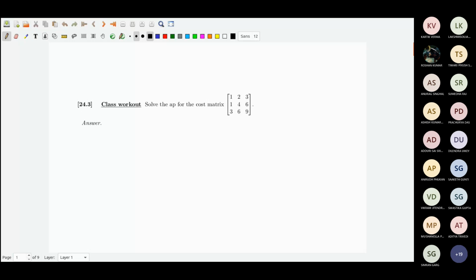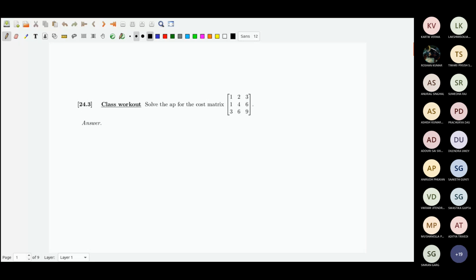Okay, last time we discussed the Hungarian algorithm. The Hungarian algorithm says if you have a matrix and you want to find the minimum cost assignment or minimum cost diagonal, you first get the reduced cost matrix.